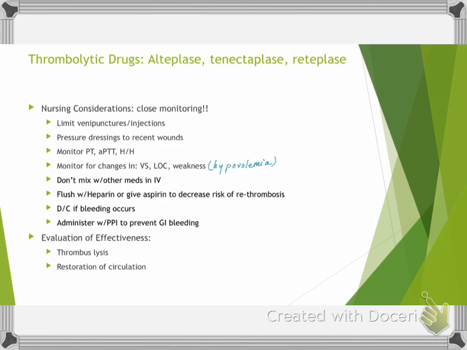You want to stop if bleeding occurs, and administer with a PPI, proton pump inhibitor, to prevent any GI bleeding. Evaluation of effectiveness, how do we know it's working? Because there's lysis of the thrombus, restoration of circulation. If the thrombus was blocking circulation, then we'd have good circulation back to that area, which would be our goal.